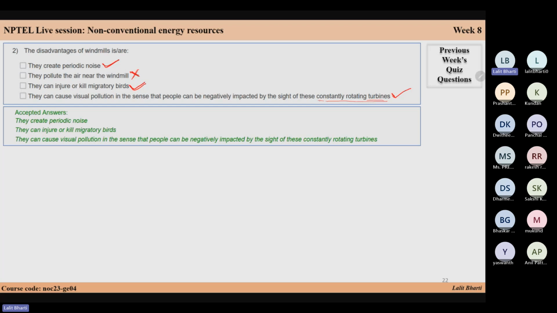For a few people it can be uncomfortable, or a kind of visual pollution. That is correct because not everyone will like that. Similarly, if you have a clear field with a lot of windmills, that can also pollute your visual scenery. So options 1, 3, and 4 are accepted.